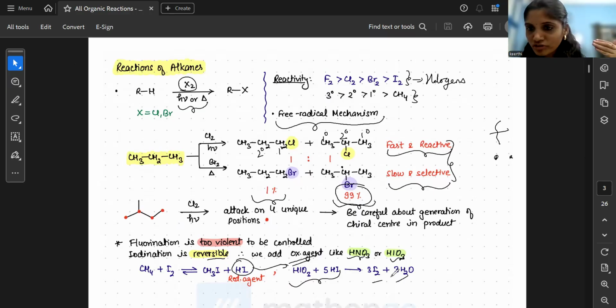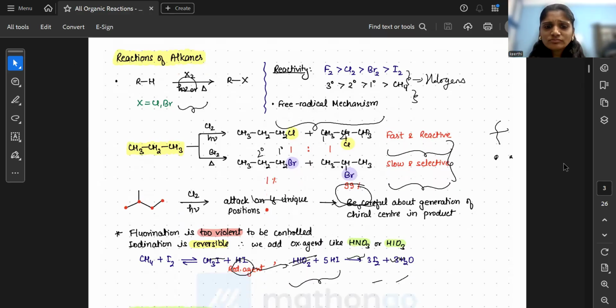So iodination is reversible because HI is a very strong reducing agent. It undergoes oxidation and wants to come back as iodine, so the backward reaction is equally possible. That is the reason we use strong oxidizing agents like HNO3 and HIO3, so that they take that HI and convert it into iodine.